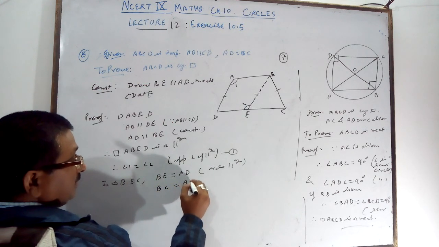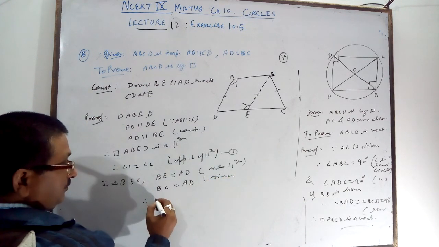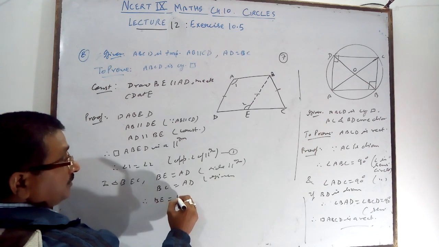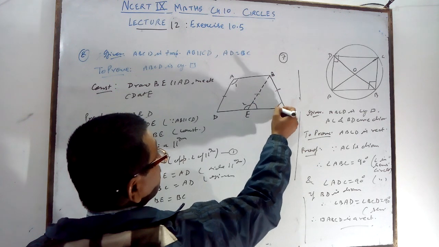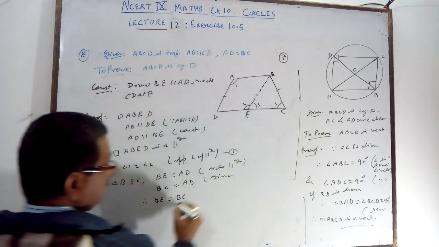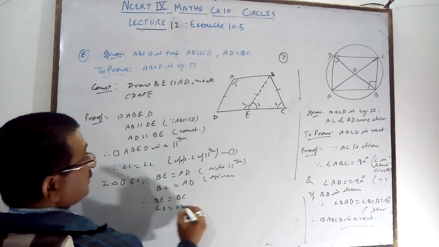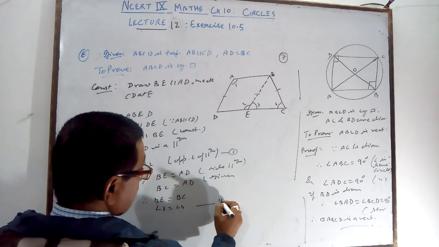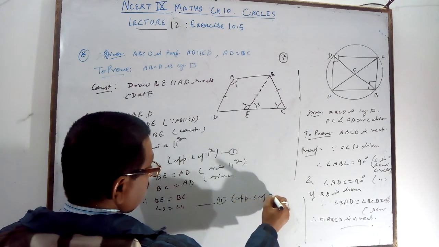BC is equal to AD, it is given in the question. Therefore, BE is equal to BC. Then angle 3 is equal to angle 4, angles opposite to equal sides.